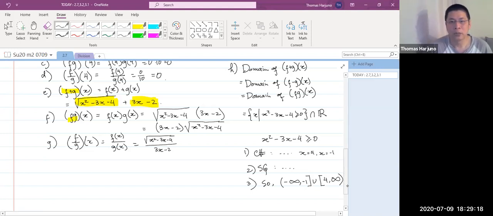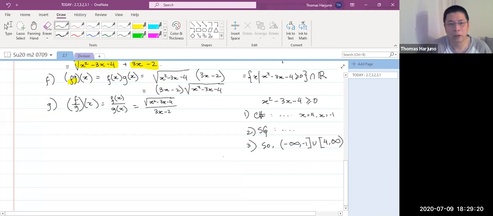Okay, now then how about part I. How about the domain of f over g of x?